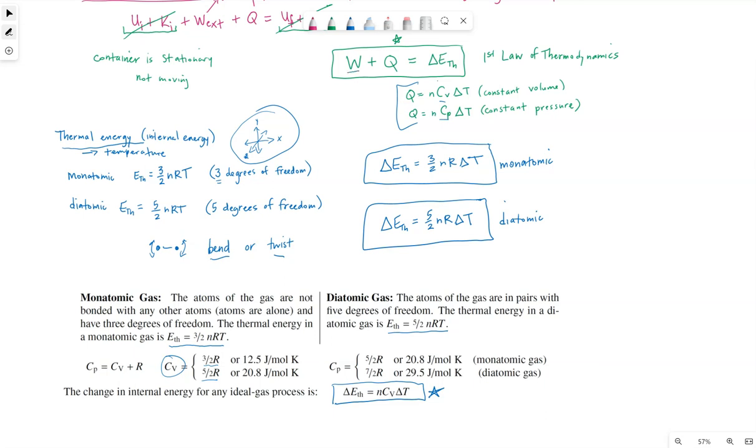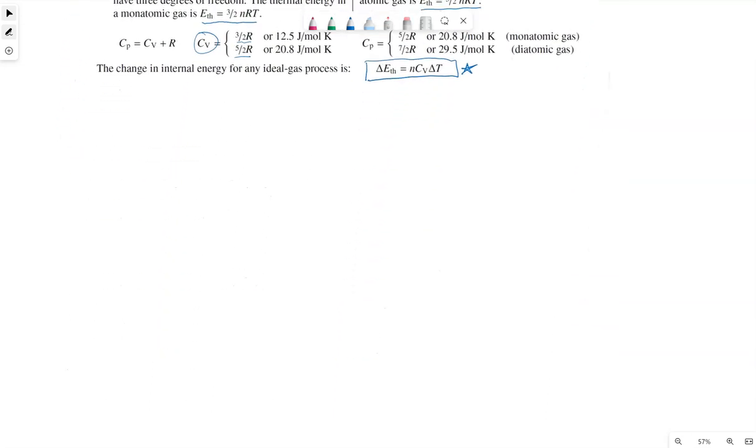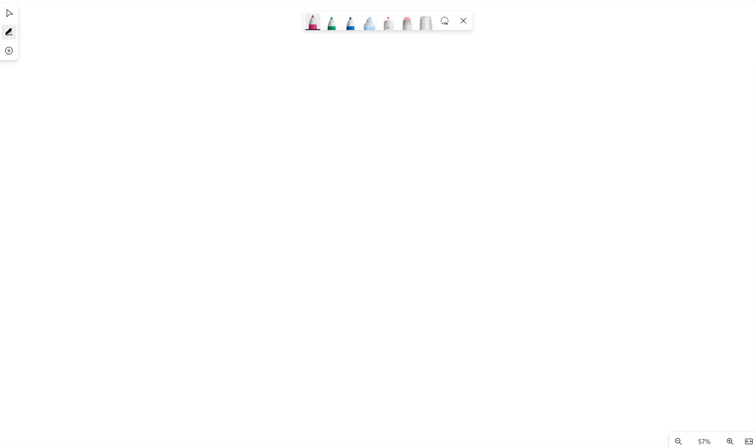Now, the third term in this first law of thermodynamics, work. Let's talk about work here for a second. We're talking work done on a gas or by a gas.